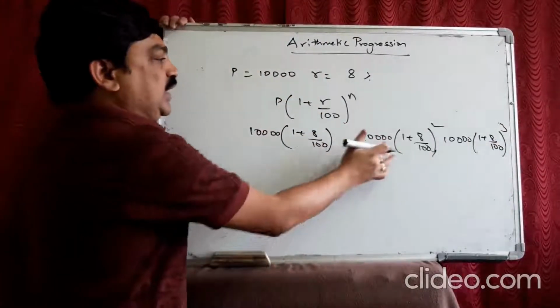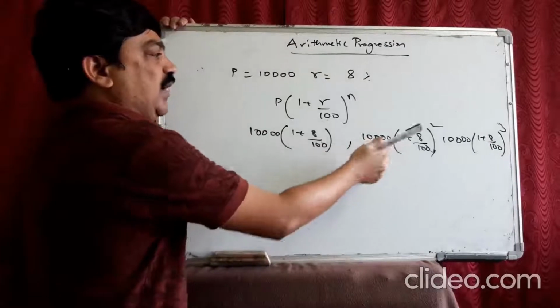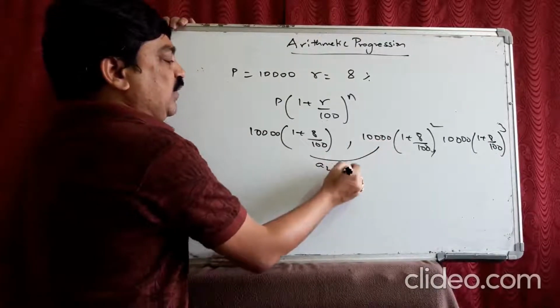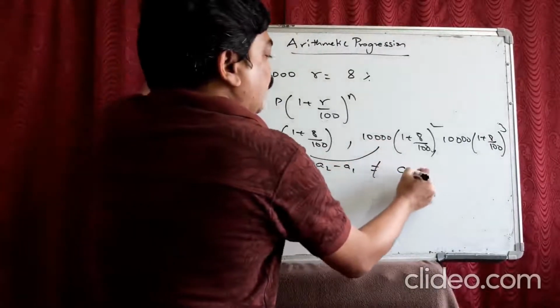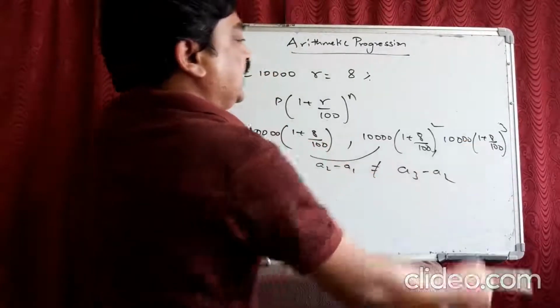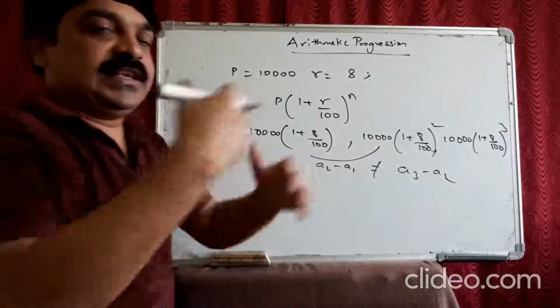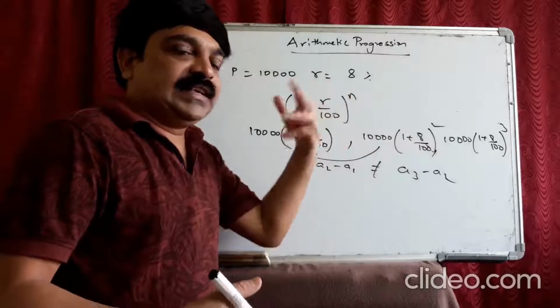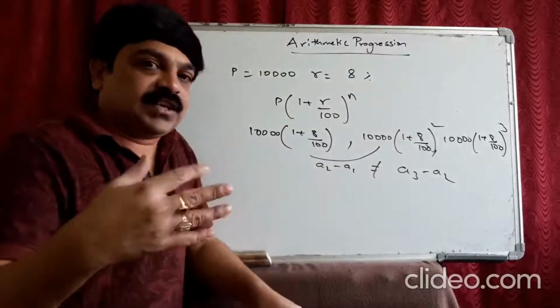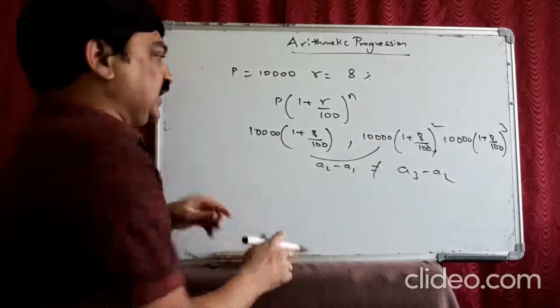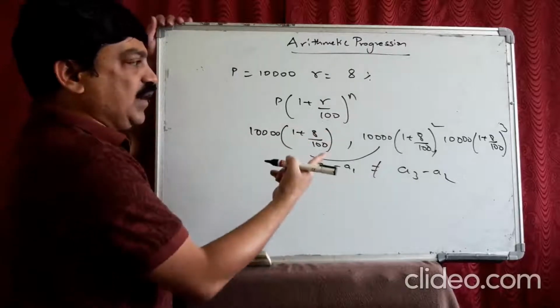So, even when you take A2 minus A1, because it is a very big value, it is not equal to A3 minus A2, because clearly it is visible that it is increasing rapidly. The power is increasing. When the power is increased rapidly, it won't be in AP. Even if you calculate the value, you will understand.